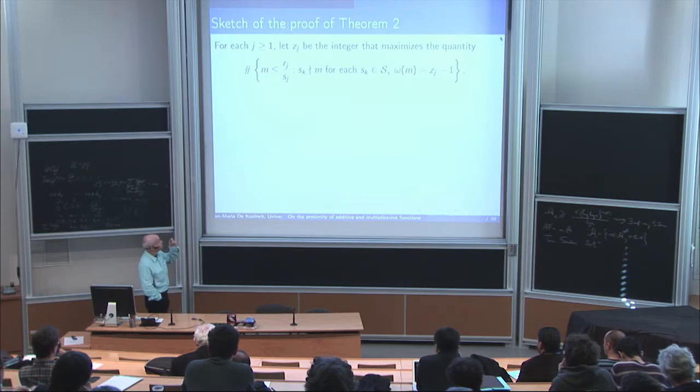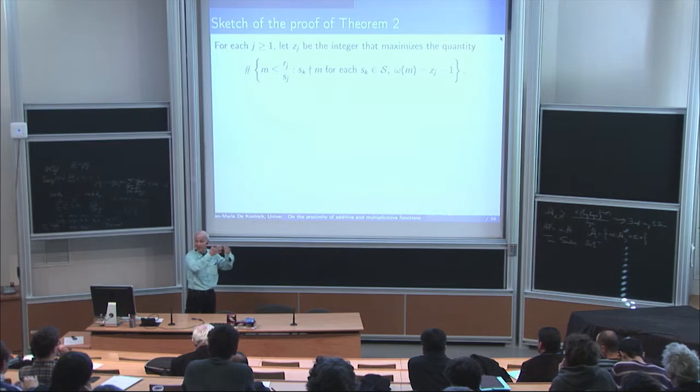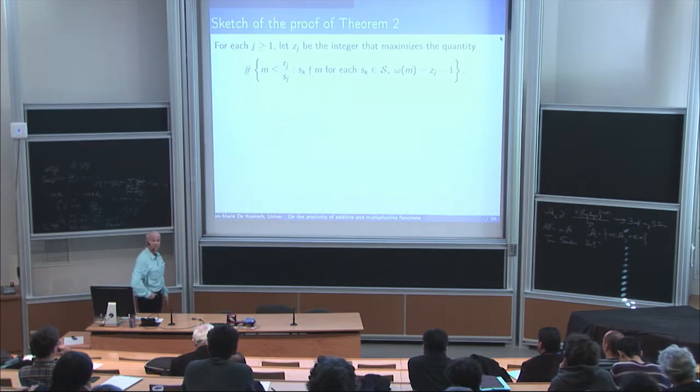Pick zj to be the one which has the largest number of m's. So this is very well defined.